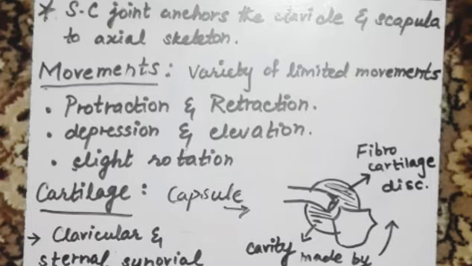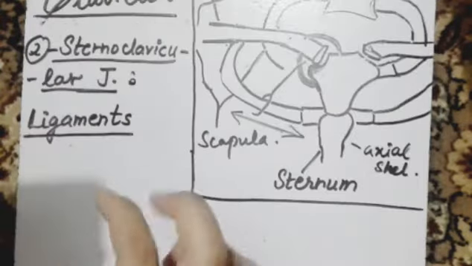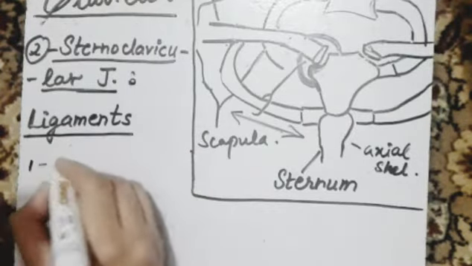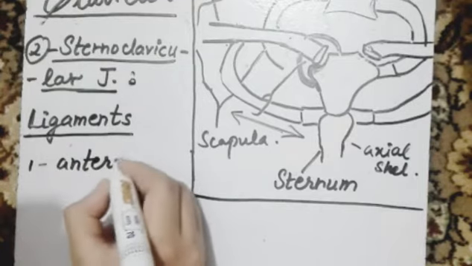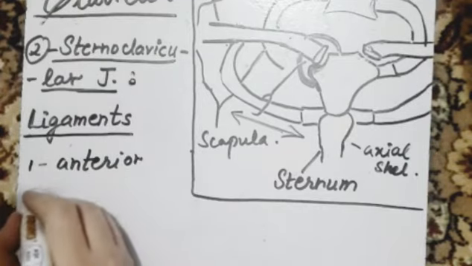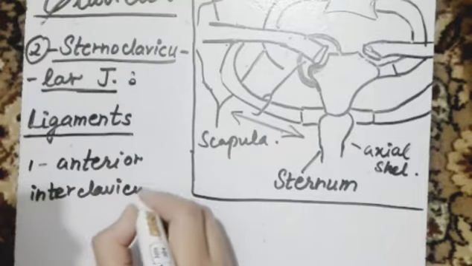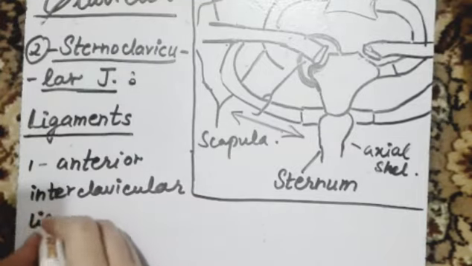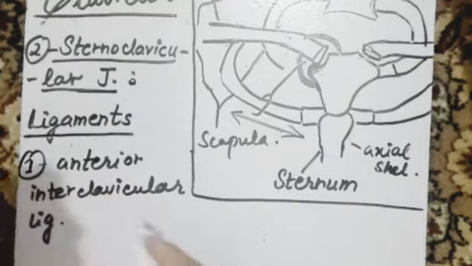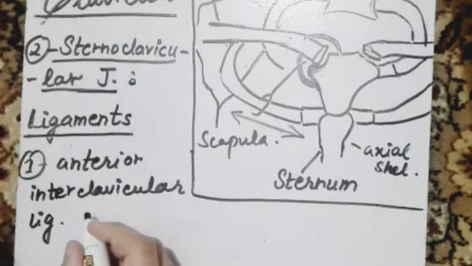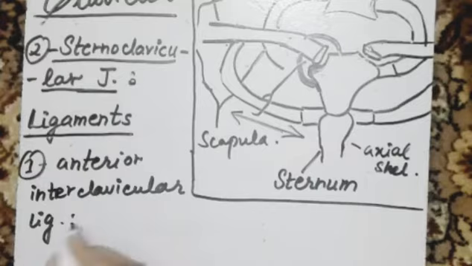Let's move on to the ligaments of the sternoclavicular joint. And there are two ligaments. The first one being the anterior interclavicular ligament. Inter means inside, not inside the clavicle, but inside the joint.